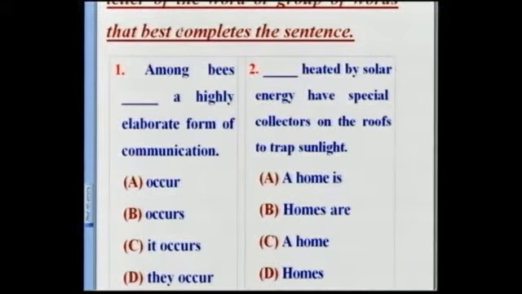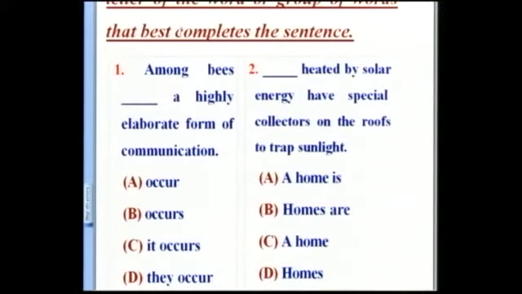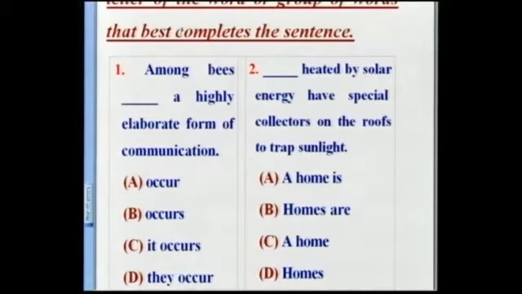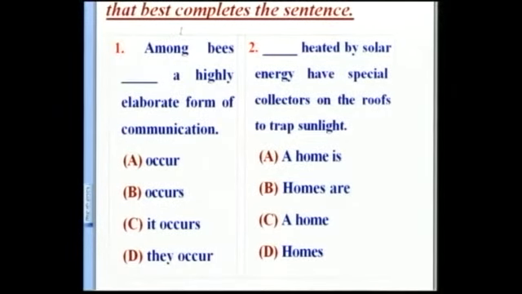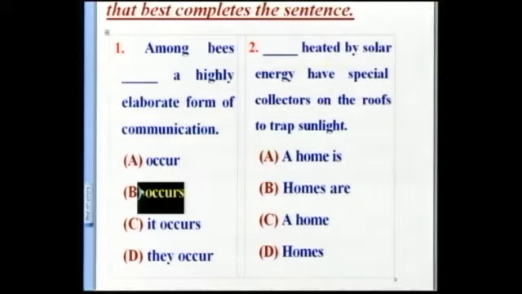A form of communication يعني this is a noun، بس أنا وصفته بإنه highly elaborate، وانتوا عارفين طبعا إن الصفات مش مهمة قوي. طيب يبقى أنا كأن هنا عندي subject، يبقى I need a verb. طيب أقول occur is a verb. Occurs is a verb. طيب يبقى أنا بختار إيه؟ أنا بقول A form. This is singular، يبقى occurs. Occurs a highly elaborate form of communication.